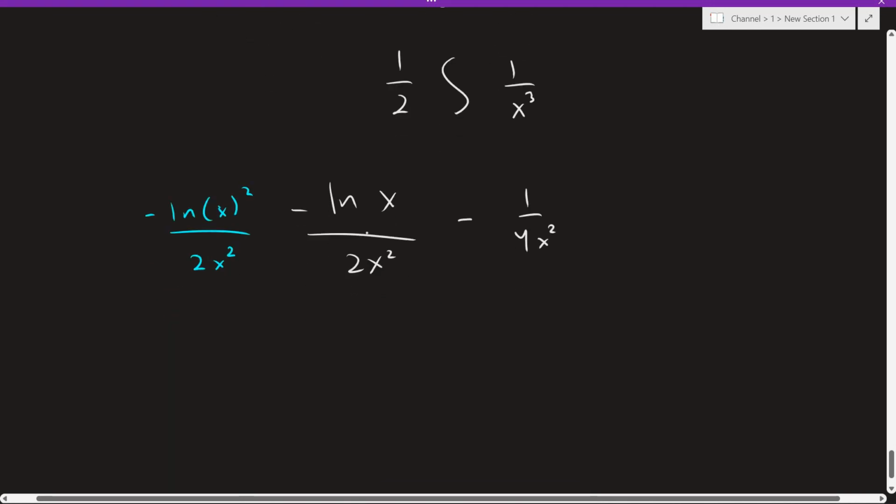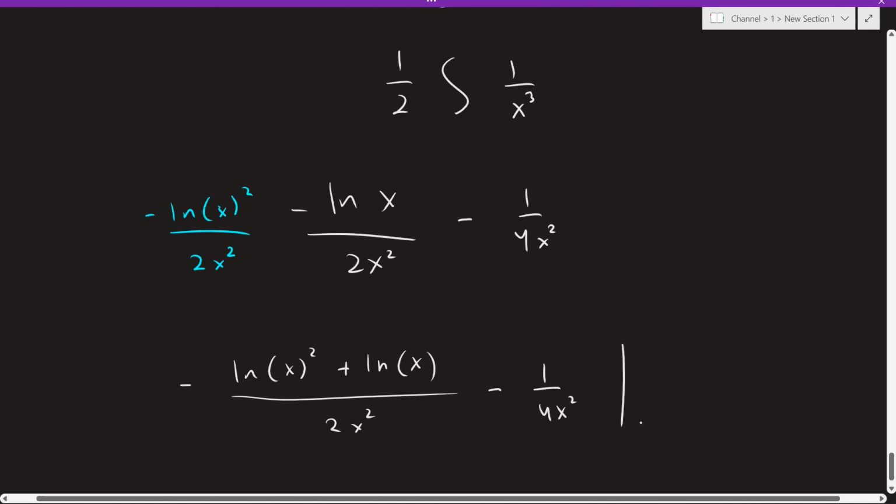We have 2x squared, so we can join these. It's going to be negative ln x squared over x squared plus, I took this negative outside, so I took both of these negatives outside. So ln x over 2x squared minus 1 over 4x squared.